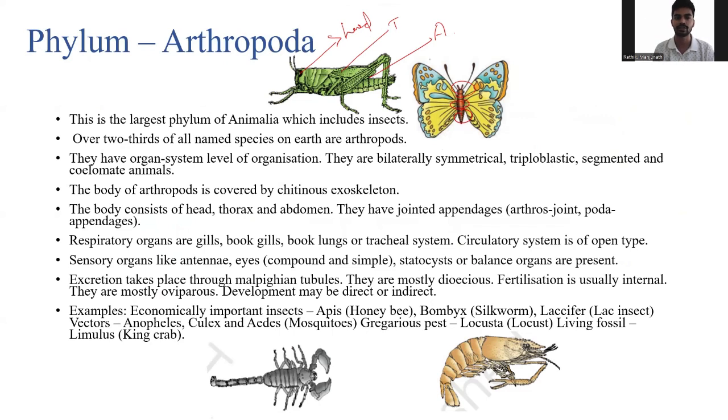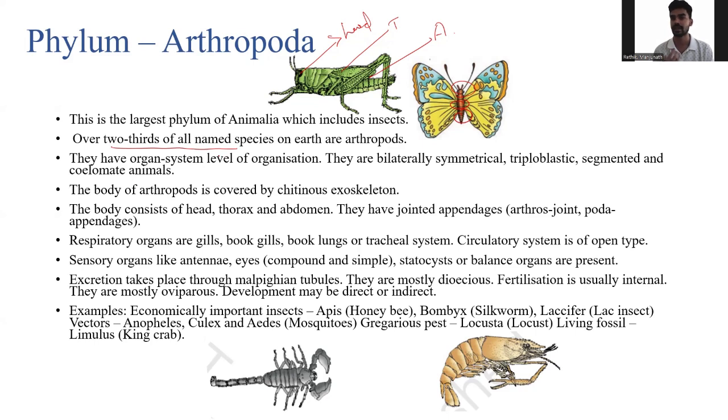Coming to the level of organization, an interesting thing is that over two-thirds of all the named species on Earth are arthropods. That means arthropods occupy the whole Earth.